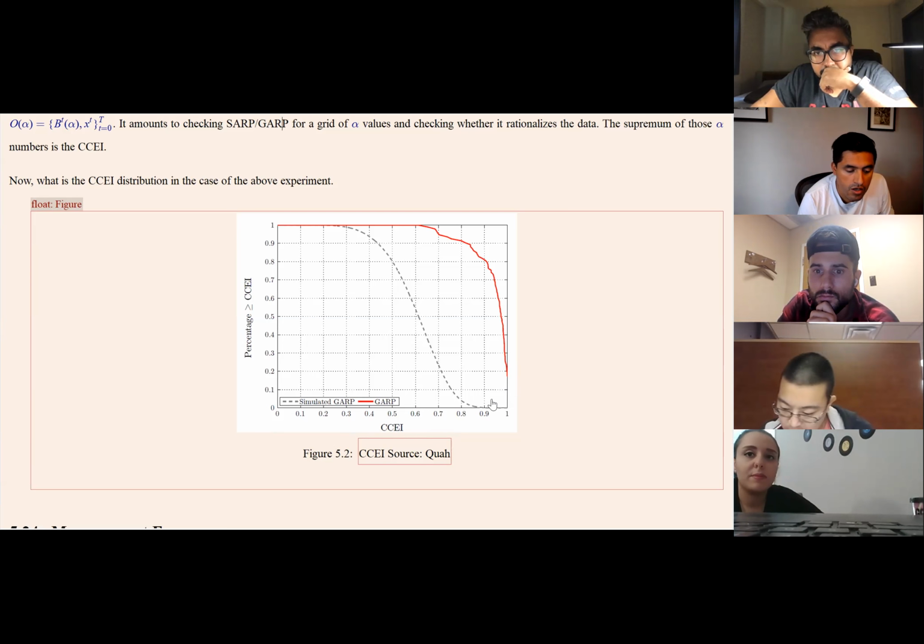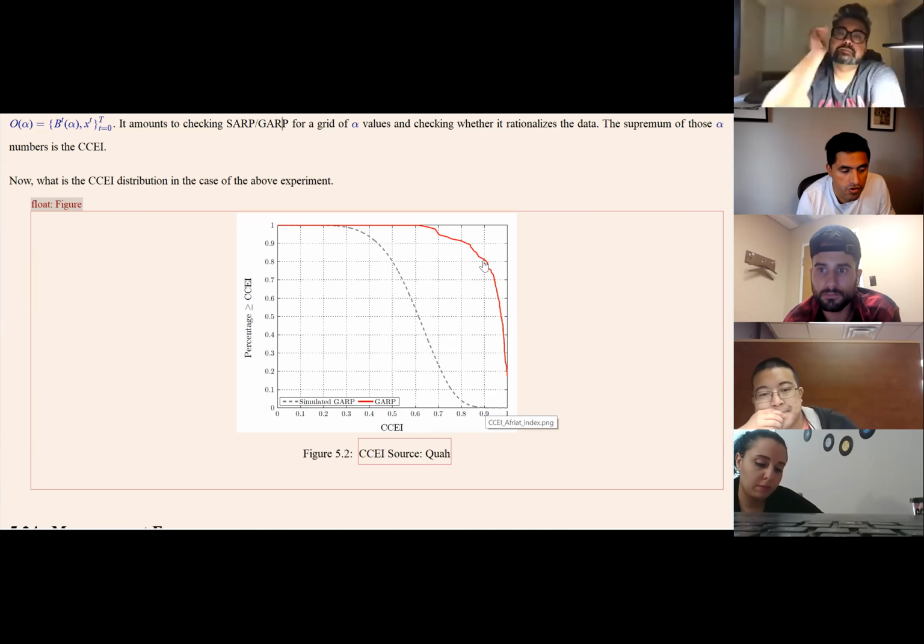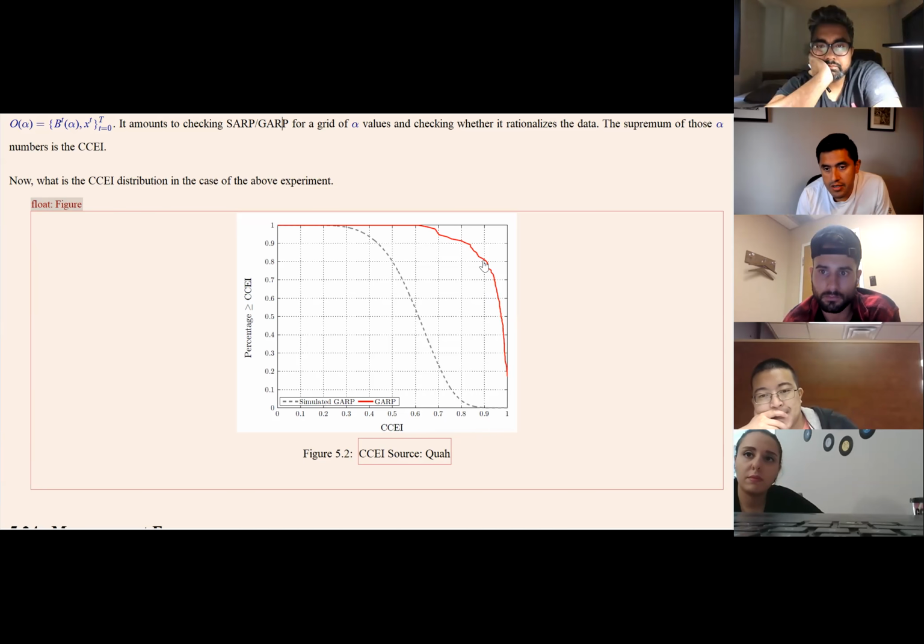Now imagine, for instance, that the efficiency level is around 90%. Follow the cursor here, 90%. What is the fraction of people that now have an efficiency index greater than or equal to 90%? You go to the red line and then go here, it is 80%.